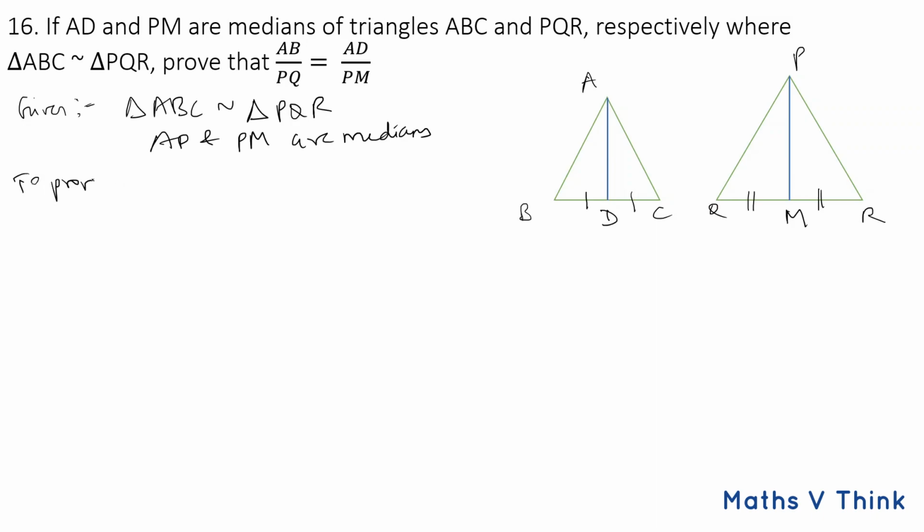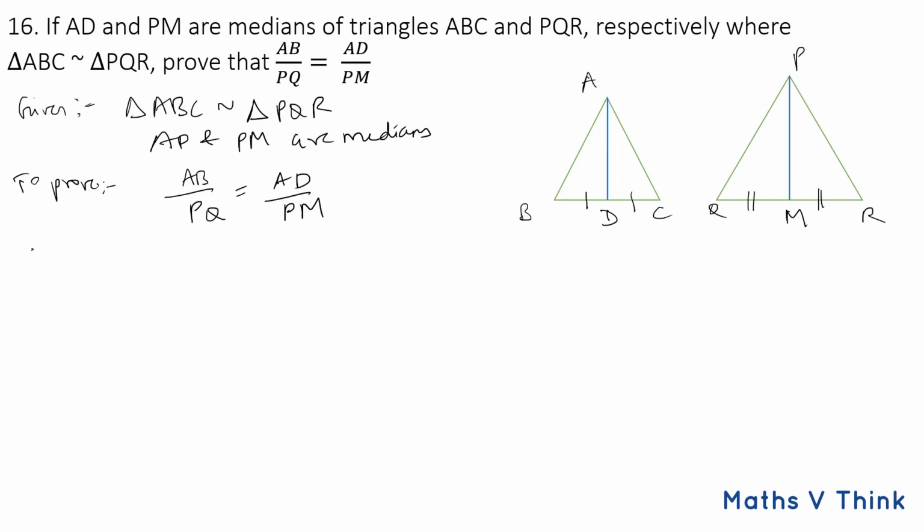To prove AB by PQ is equal to AD by PM. So when I see this, nothing but I need to prove the similarity of this triangle and then this triangle, so that after that I can tell the corresponding sides are proportional.